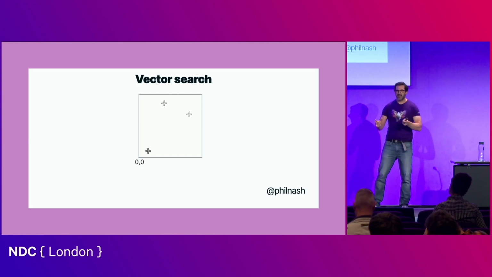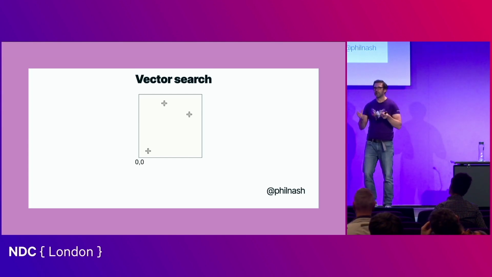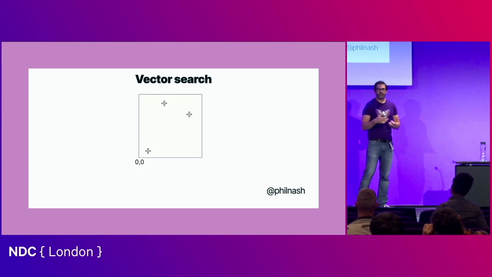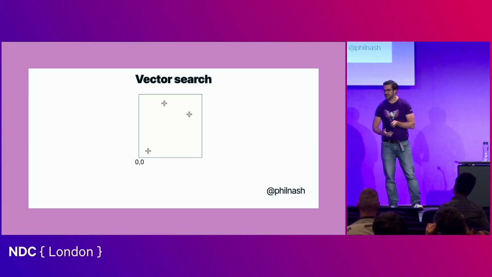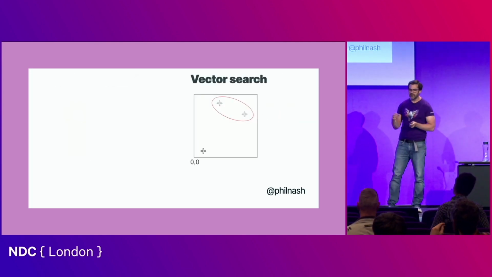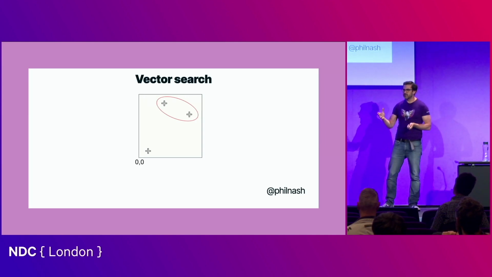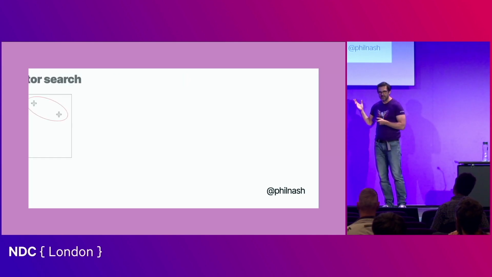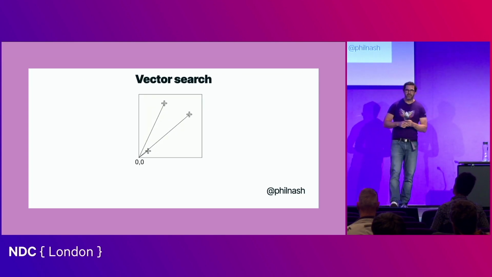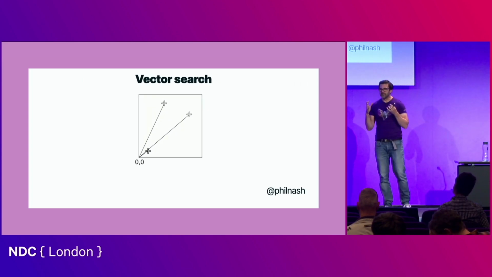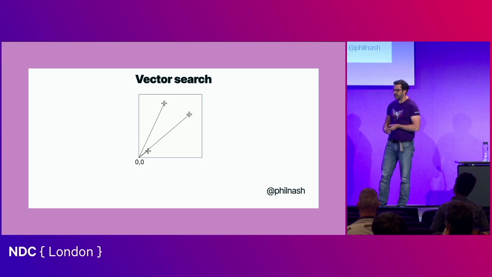Because they're that, their physical closeness is not necessarily the point. If you were to look at these 3 vectors and say which are the closest, you might pick the 2 that appear physically closest to each other. But because they're vectors, they're actually pointing in different directions, and the ones that are most similar are the ones pointing in the same direction.